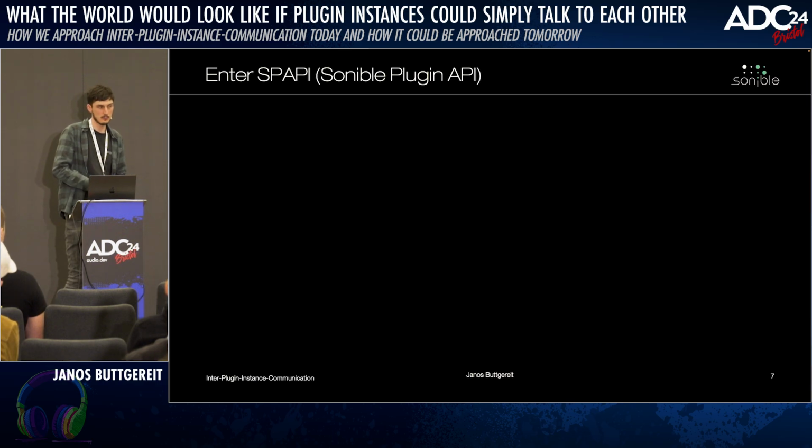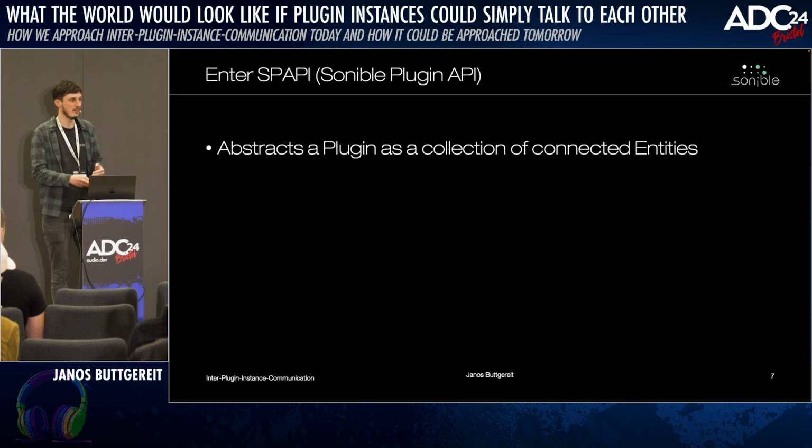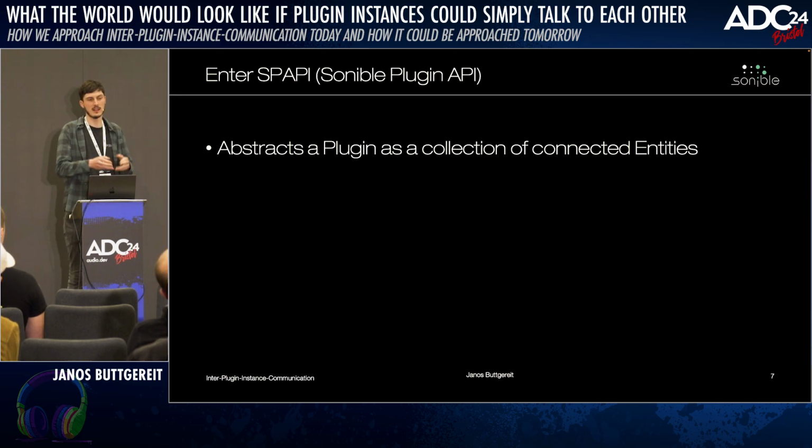communication channels. And we started back with SmartComp 2, I think 2 years ago, 3, I'm not sure, which was a basic plugin with a single processor and a single view. And we just started to abstract this plugin from day one. What we generally found usable was abstracting a plugin as a collection of somewhat connected entities, just a very basic abstraction.